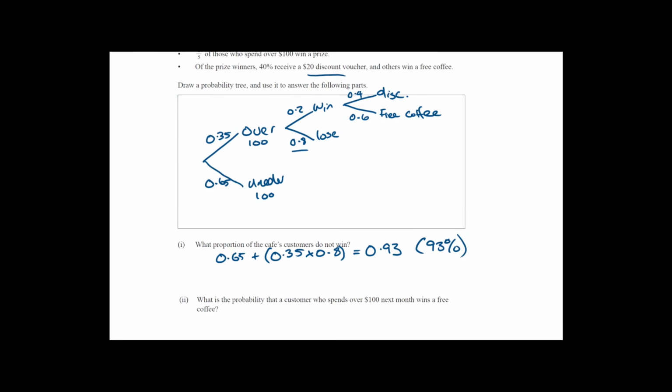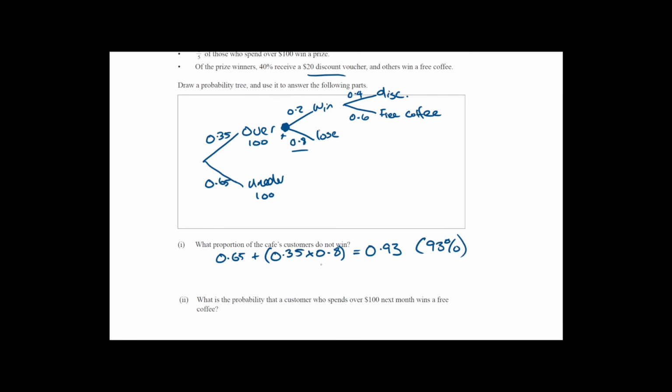Now they want to know, what is the probability that a customer who spends $100 next month wins a free coffee? All right, so we're saying, what's the probability they win a coffee given the fact they've already spent over 100? So if you can think about it in our tree, we're sort of starting here, aren't we?